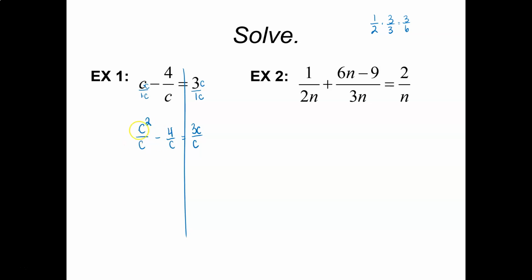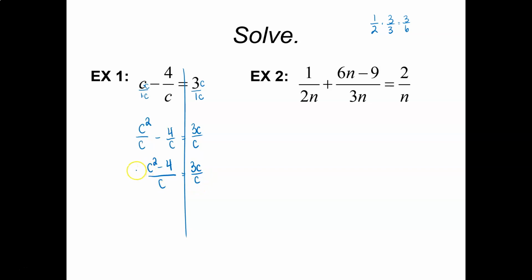And if I wanted to, over here on this left-hand side, I could write these together: c squared minus 4 all over c equals 3c over c. So now, it really looks no better than it did to begin with. Now I've got a square, it looks worse. But I've got these denominators right here. That c is in the denominator on both sides.